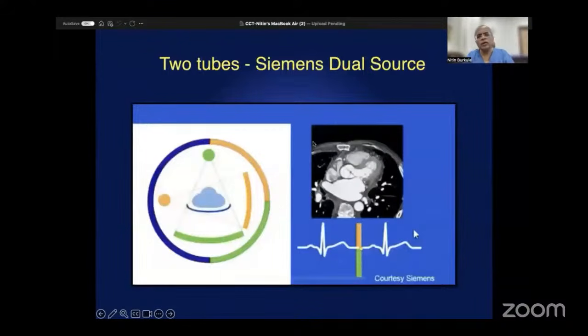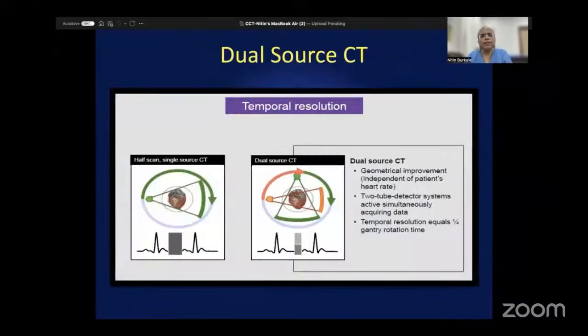This particular thing of having two tubes together in the Siemens dual source can improve your temporal resolution by a factor of 4. That means almost just 1/4 gantry rotation time.